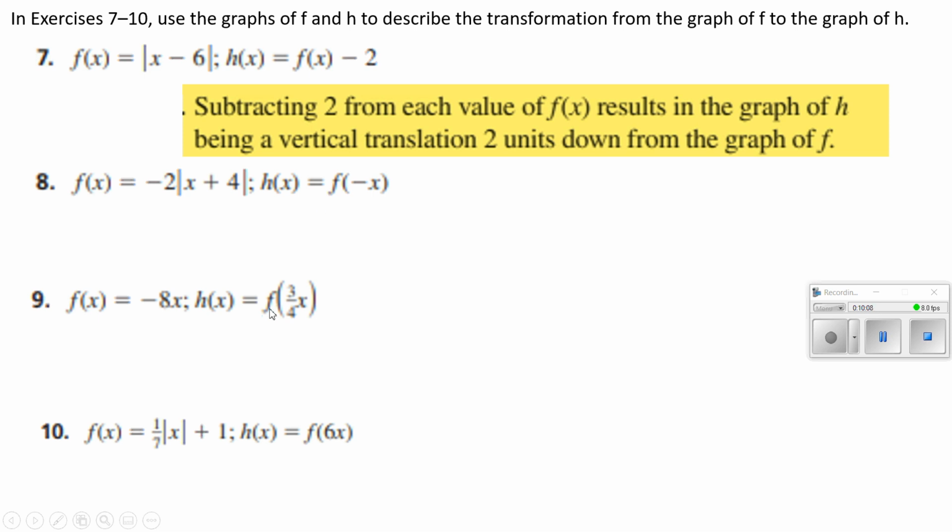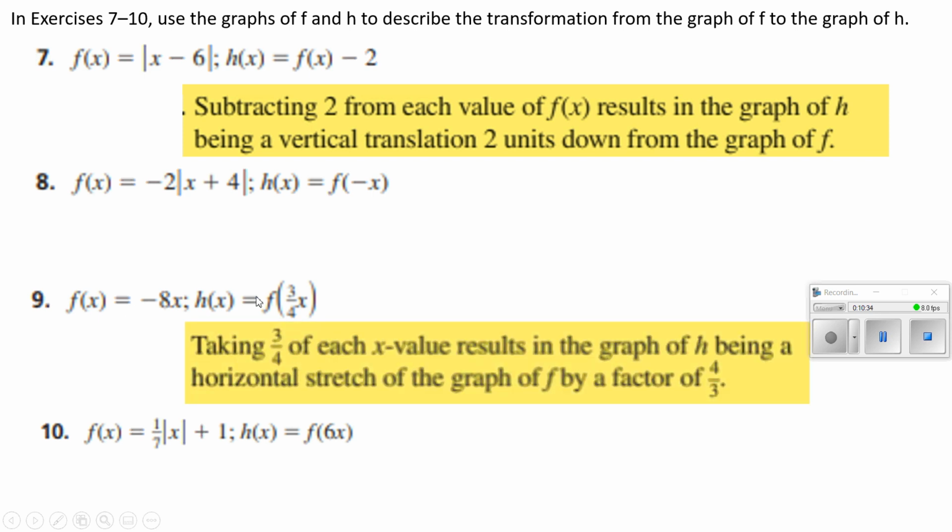Number 9 has the function of 3 over 4 x. We said whenever we had a fraction or a number next to x, but not outside where f is, this is going to affect my x only, okay? So I'd be taking this 3/4 and multiplying it by each x value, like -8, resulting in the graph of h being a horizontal stretch of the graph of f by a factor of 4/3.